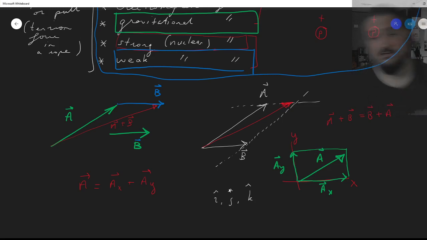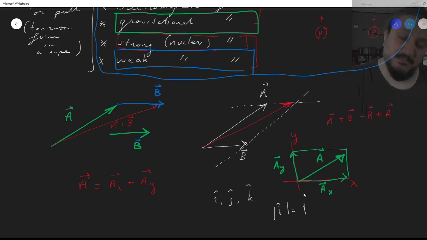A unit vector is a special vector which has a certain length. A length means the length of the arrow. In general, the length of a vector can be anything, but when it comes to I hat, J hat, and K hat, the length of these vectors is equal to unity, just one.